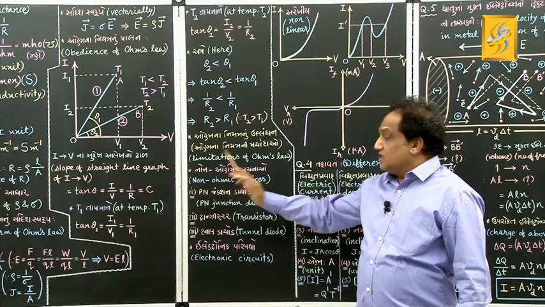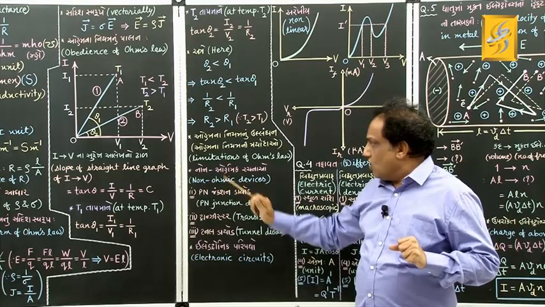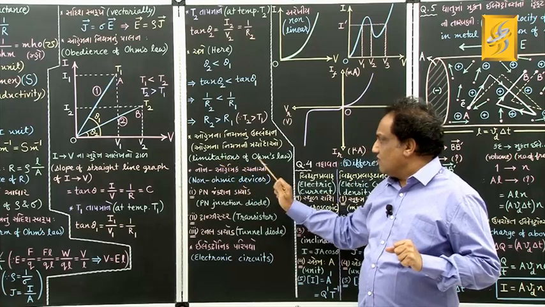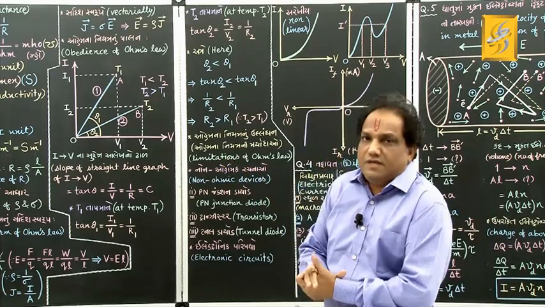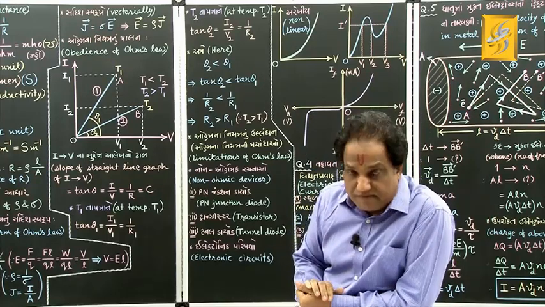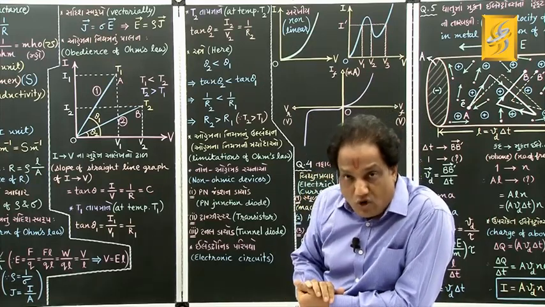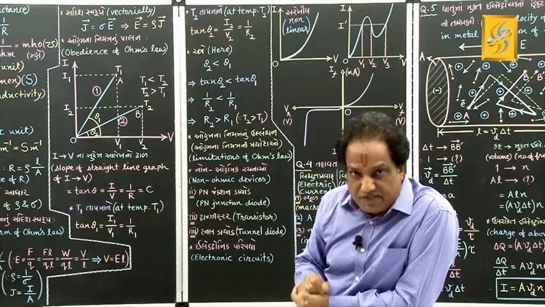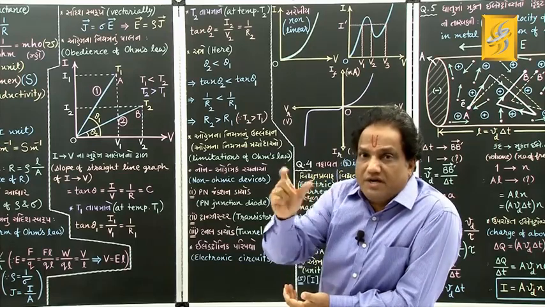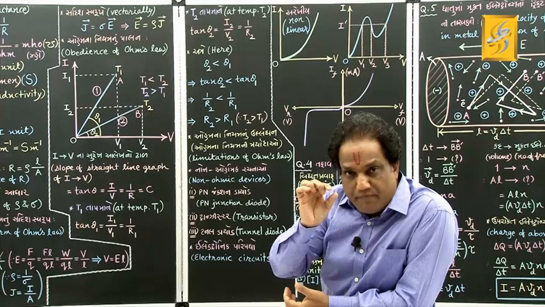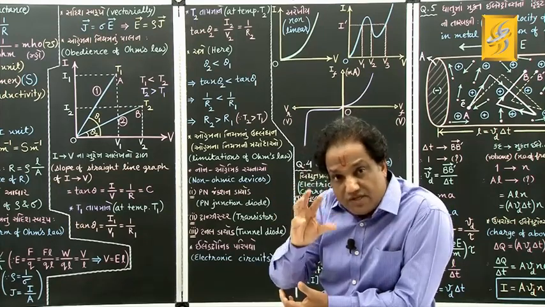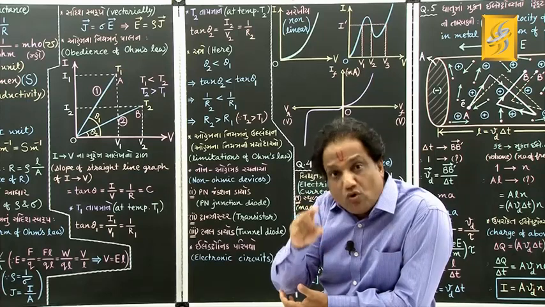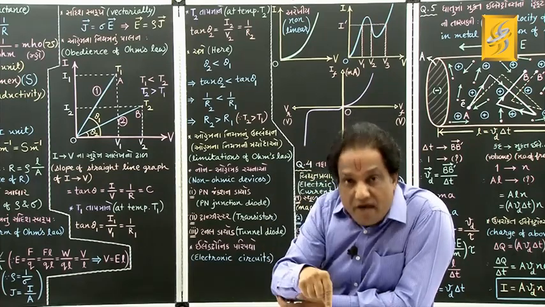When Ohm's law is not obeyed, or what are the limitations of Ohm's law? See, in the chapter of electronics, in 4th semester, you will be taught about some devices which are semiconductor devices such as PN junction diode, transistor, etc. These are those devices in which Ohm's law is not obeyed.